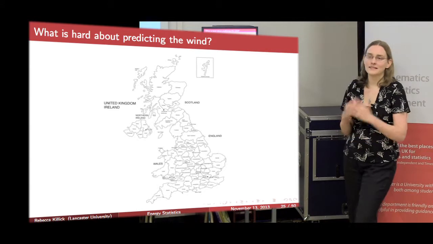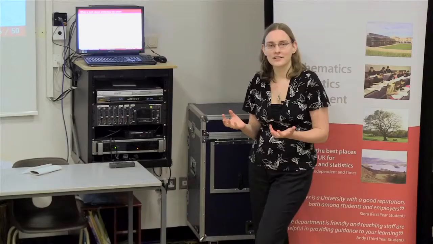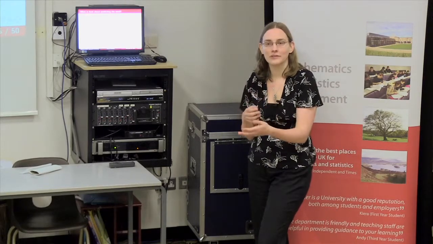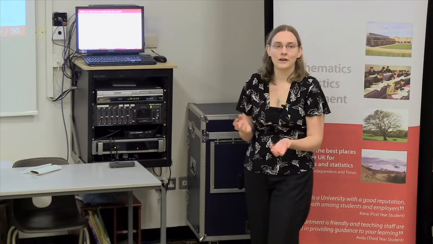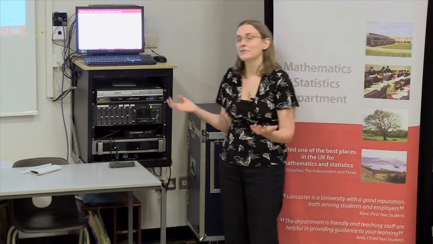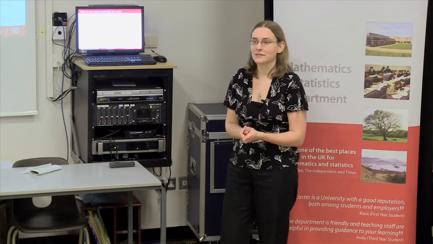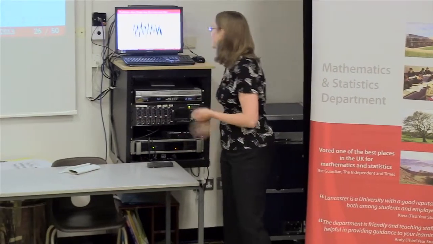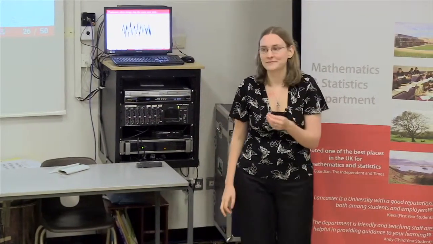Okay? But as I said, because these relationships are constantly changing, it might help me at one time point, but then as soon as I'm a few hours later, it will be of no use at all. So generally, you want data from all over to be able to actually predict in a specific location, if that data exists, obviously.